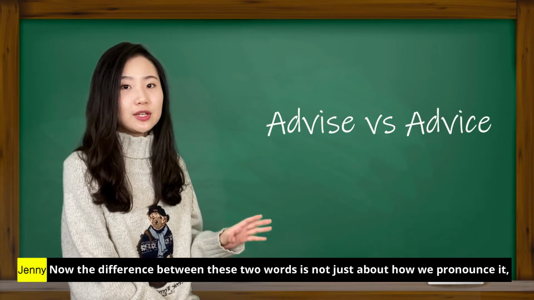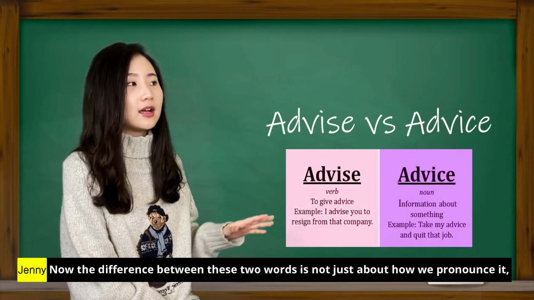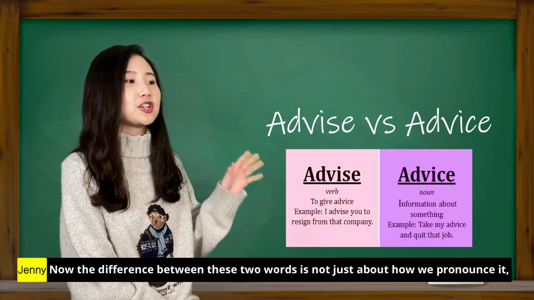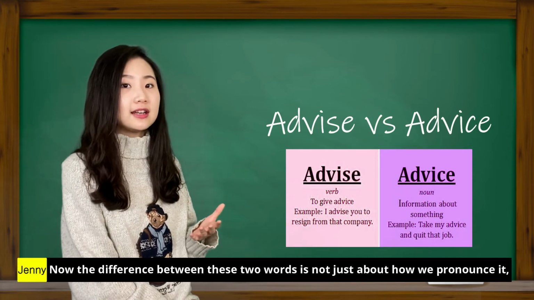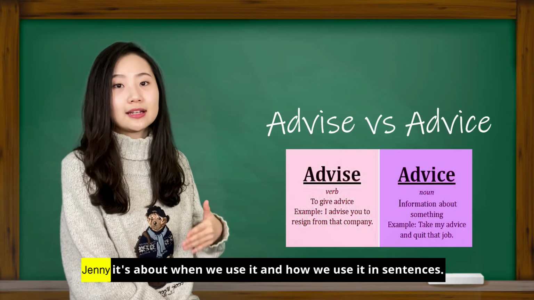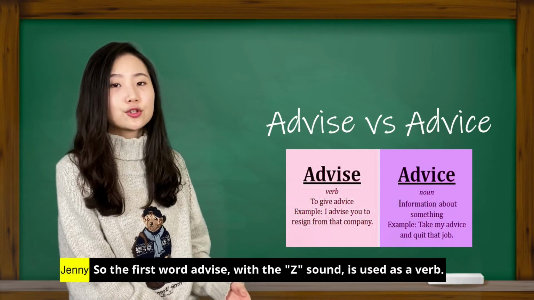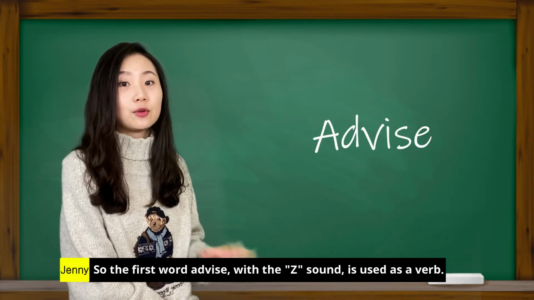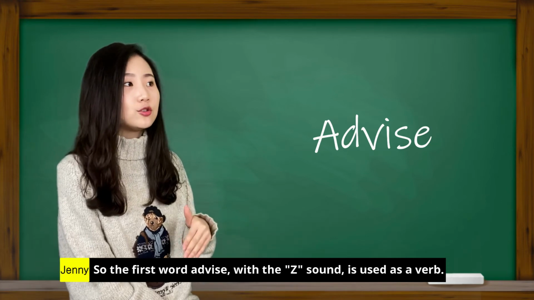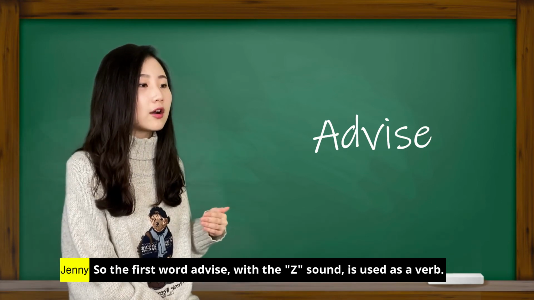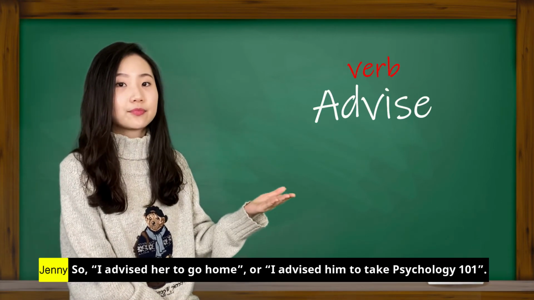Now the difference between these two words is not just about how we pronounce it, it's about when we use it and how we use it in sentences. The first word, advise with the Z sound, is used as a verb.